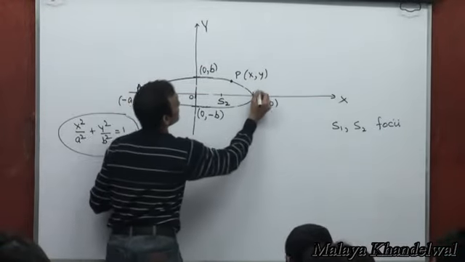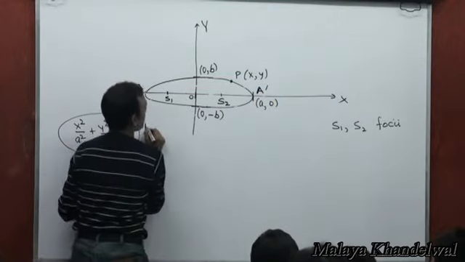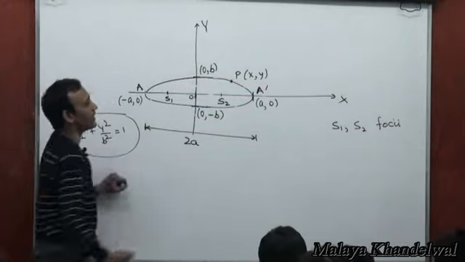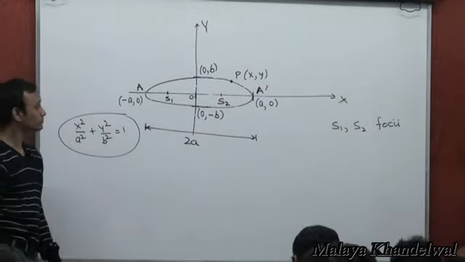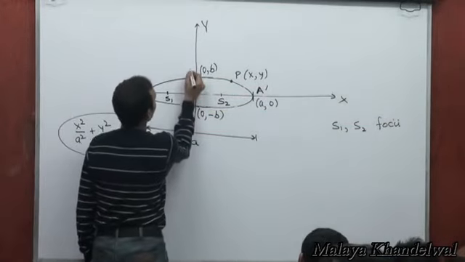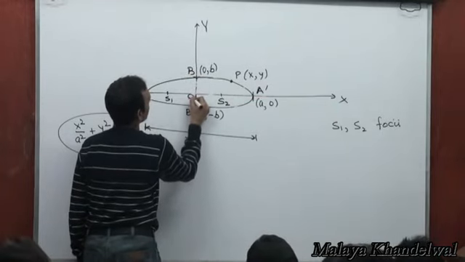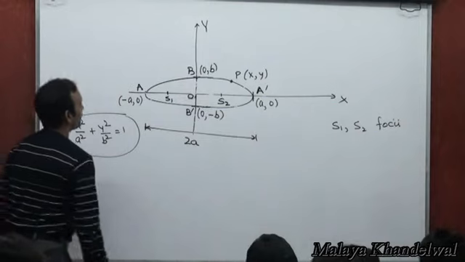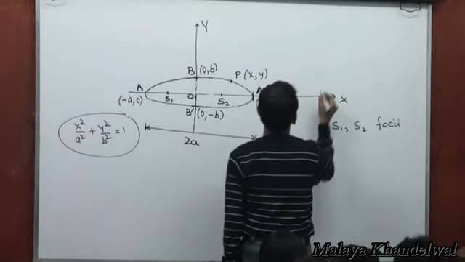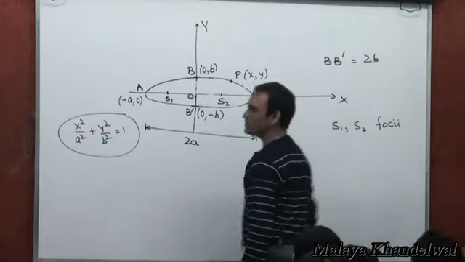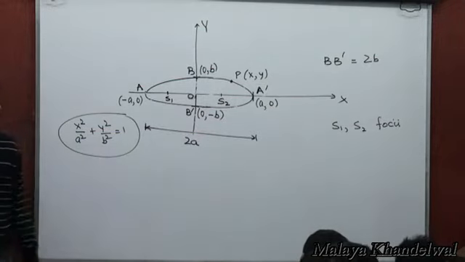This length is AA prime, let's say. AA prime is 2a, as you can see. Again, in the y direction, the extremities are BB prime. Then, as you can easily see, BB prime is 2b.